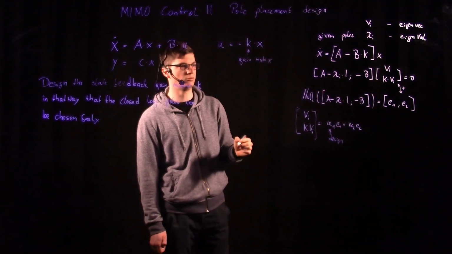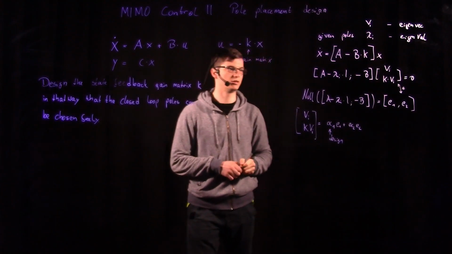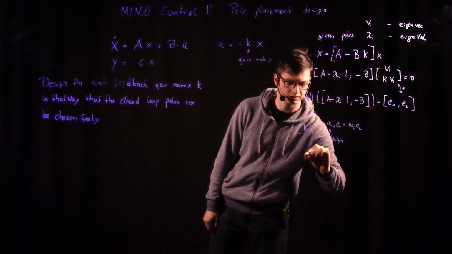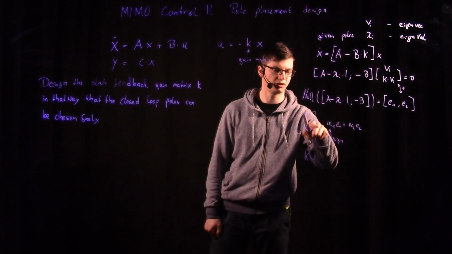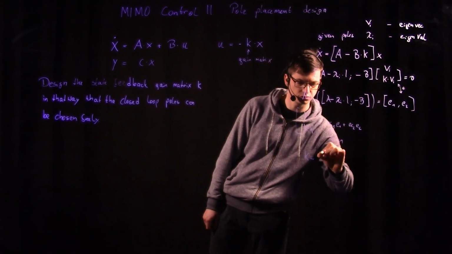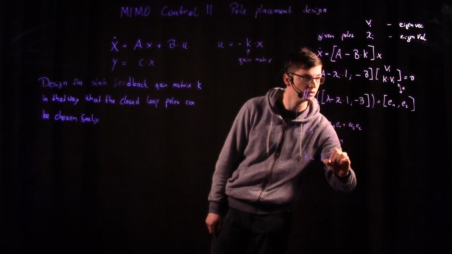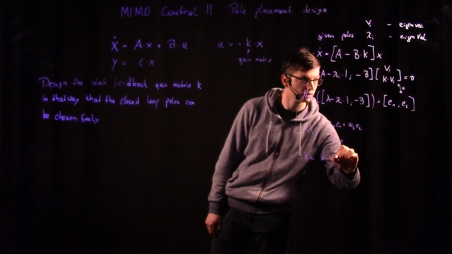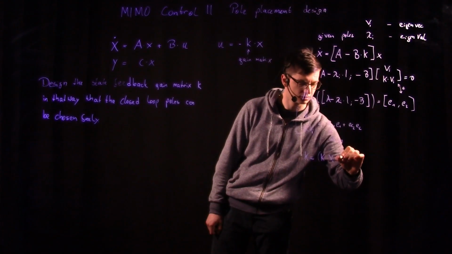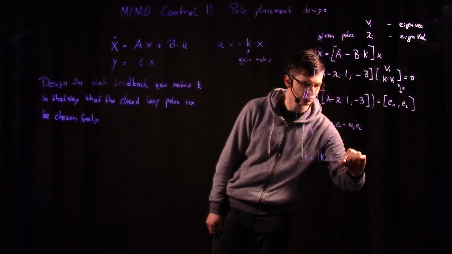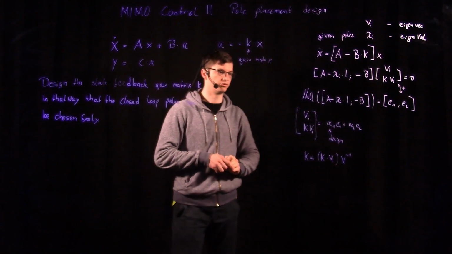So, and then we can calculate our K out of this, and we can say K equals this product that we have in here. So K times v_i times v_i to the power of minus 1.